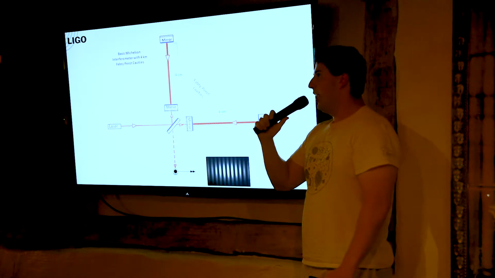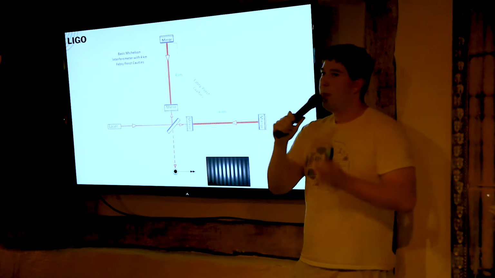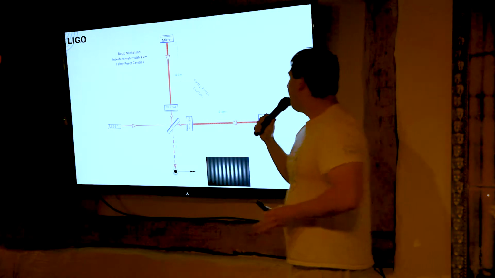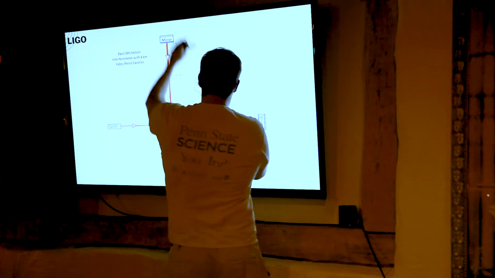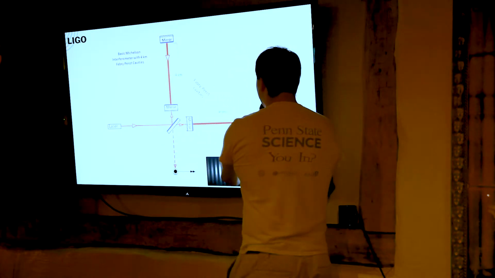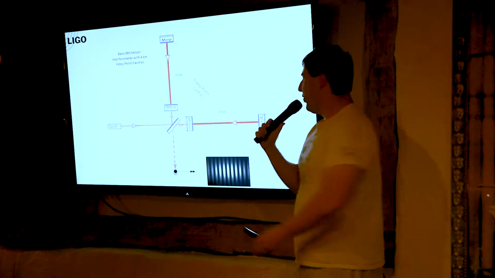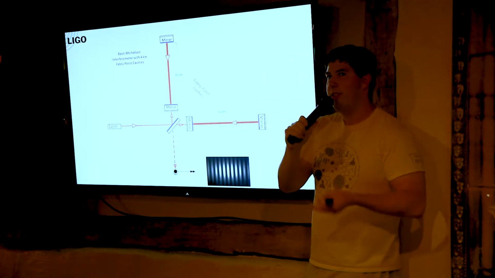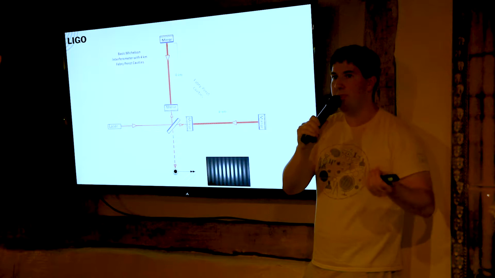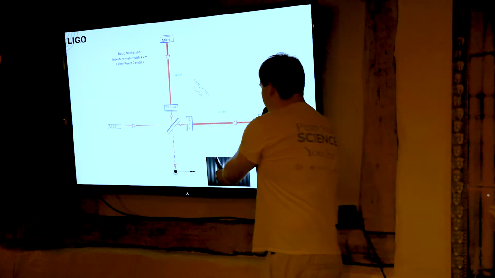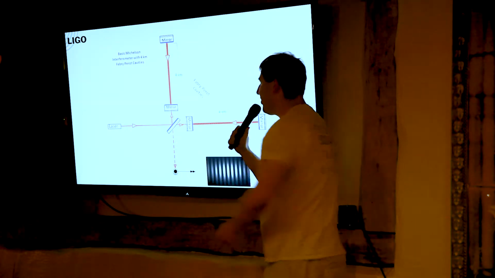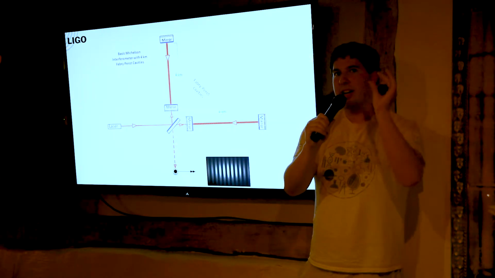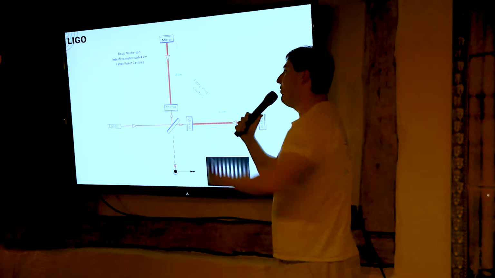So remember at the beginning, we had this diagram of how a gravitational wave is going to stretch and shrink space. Well, if one end is stretching, the other is shrinking, this pattern is going to shift. So this pattern is going to shift back and forth at the frequency that the gravitational wave is moving those mirrors. And so if you put a photodiode at one of these fringes, at one of these patches of light, you can see it got bright, it got dark, it got bright, it got dark, as these mirrors move back and forth.